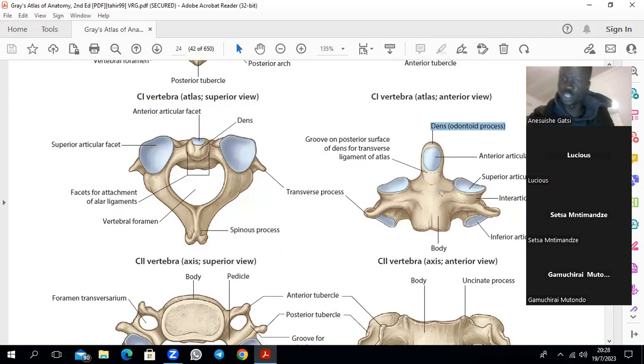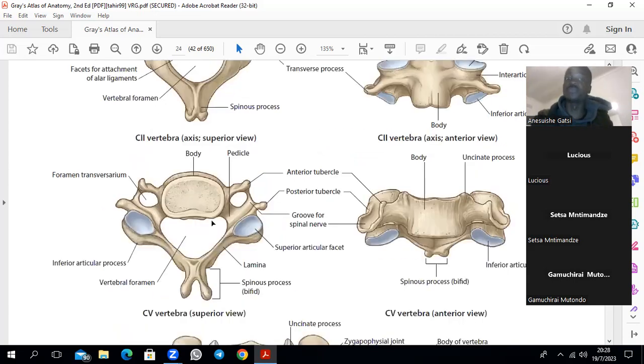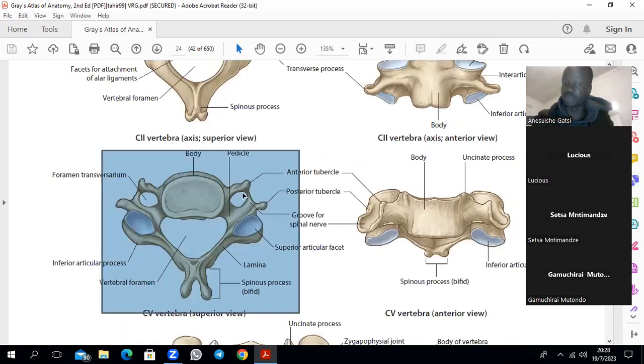But something that is unique about C2, something I haven't told you about cervical vertebra, I'll get back to this picture for a moment. The transverse processes of a typical cervical vertebra have tubercles, an anterior tubercle and a posterior tubercle. Why is this important? When you did your head and neck, you described the common carotids going up.